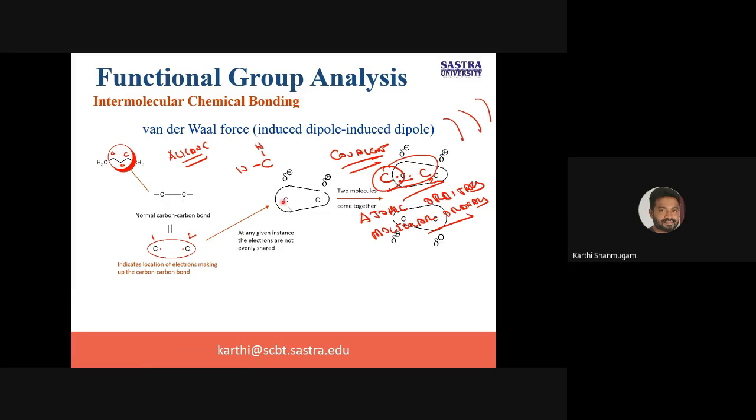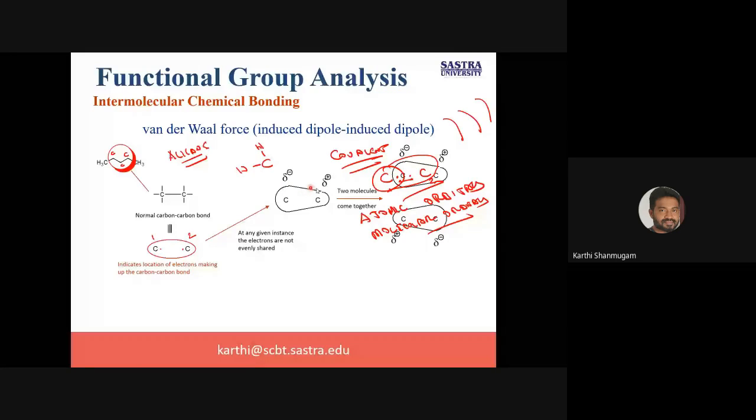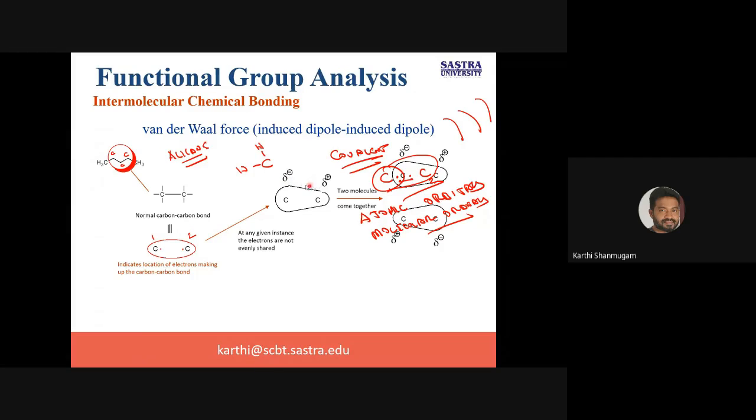So the electronic cloud near this carbon is more compared to this carbon. That eventually leads to the formation of a small negative charge on this carbon and a small positive charge on this carbon. So we can call it a dipole because we have two charges separated by some distance. But we cannot call this a permanent dipole. This is an example of a transient dipole.